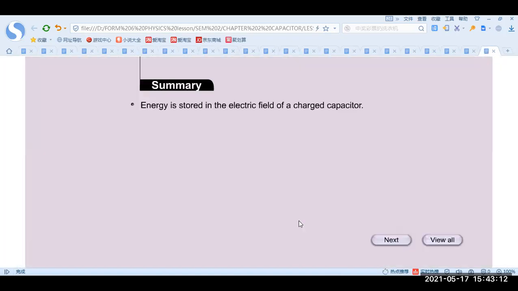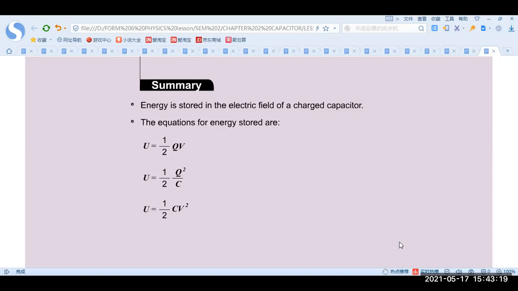As a conclusion, the energy is stored in the electric field of a charged capacitor. The equations we can use are these three equations. U is the energy stored in the capacitor.